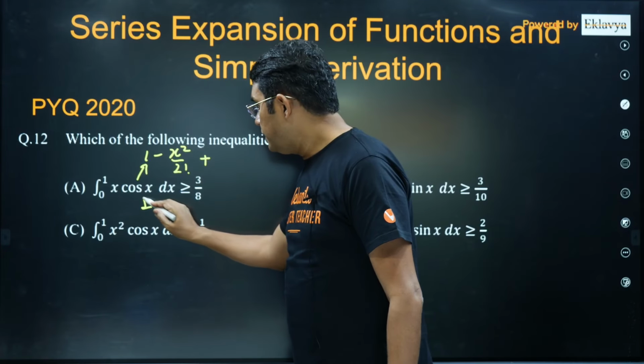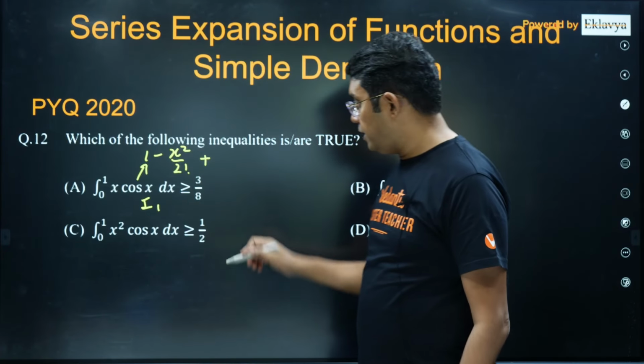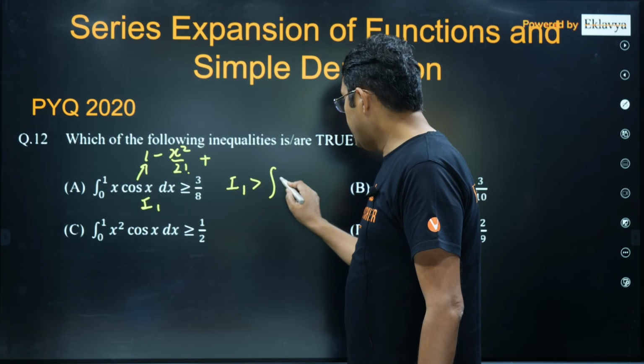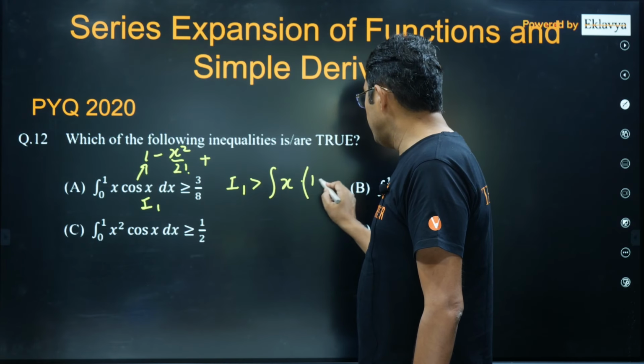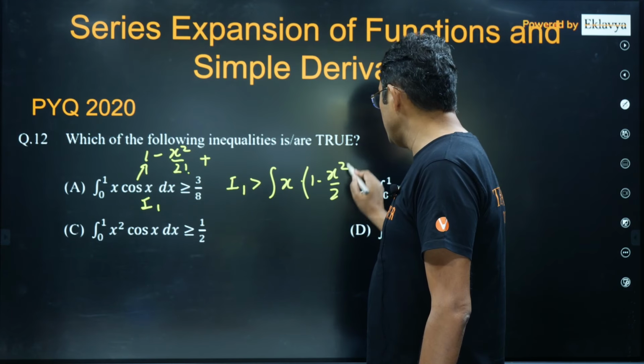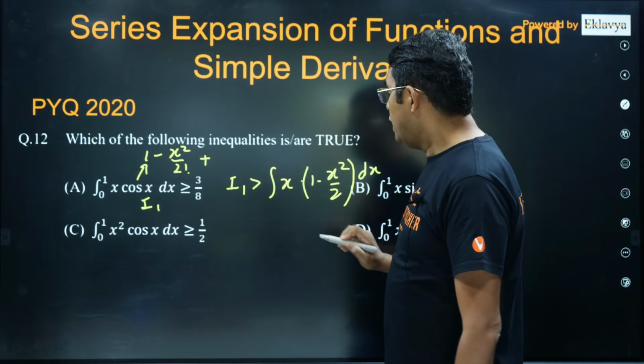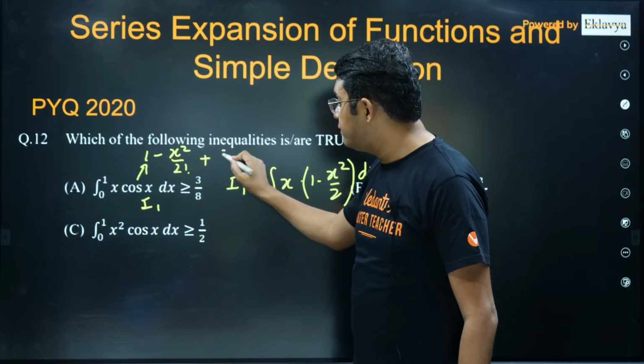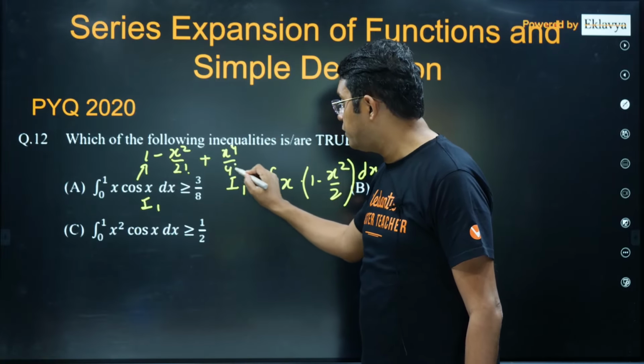So can I say the integral of option A will be greater than if I just write x into 1 minus x square upon 2 dx? Why am I saying so? Because we are leaving some terms which start with positive, x power 4 upon 4 factorial.